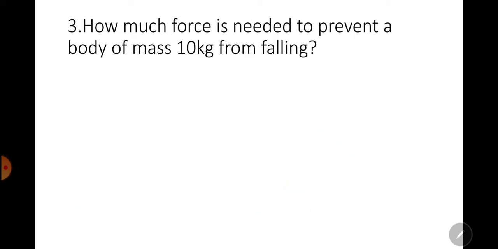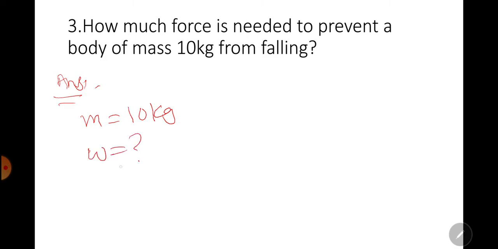How much force is needed to prevent a body of mass 10 kilogram from falling? Answer: the force needed will be equal to the weight of the body. Mass is 10 kilogram.